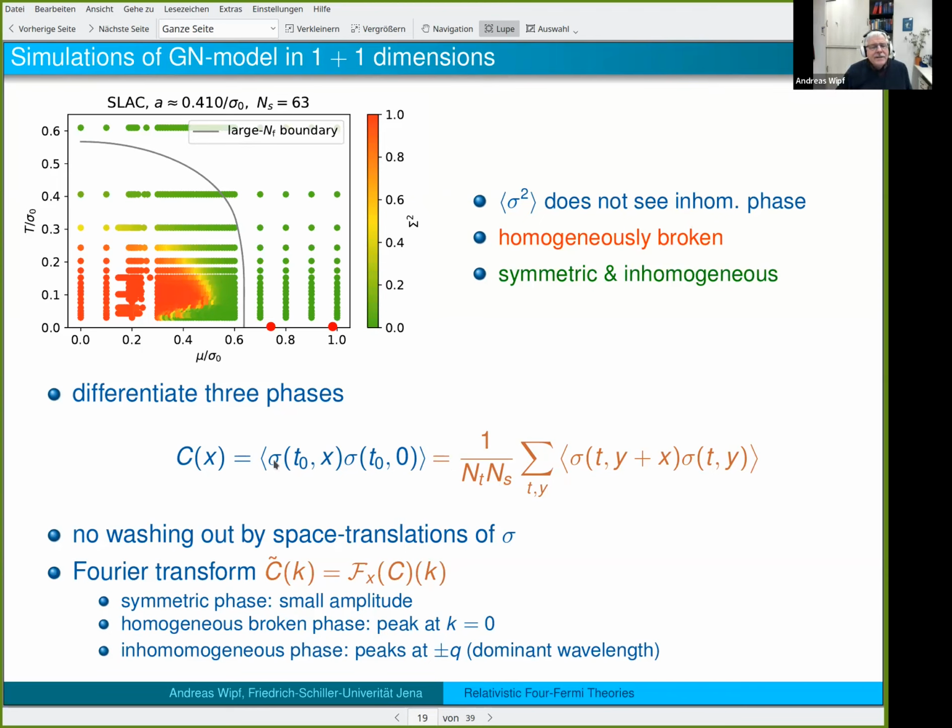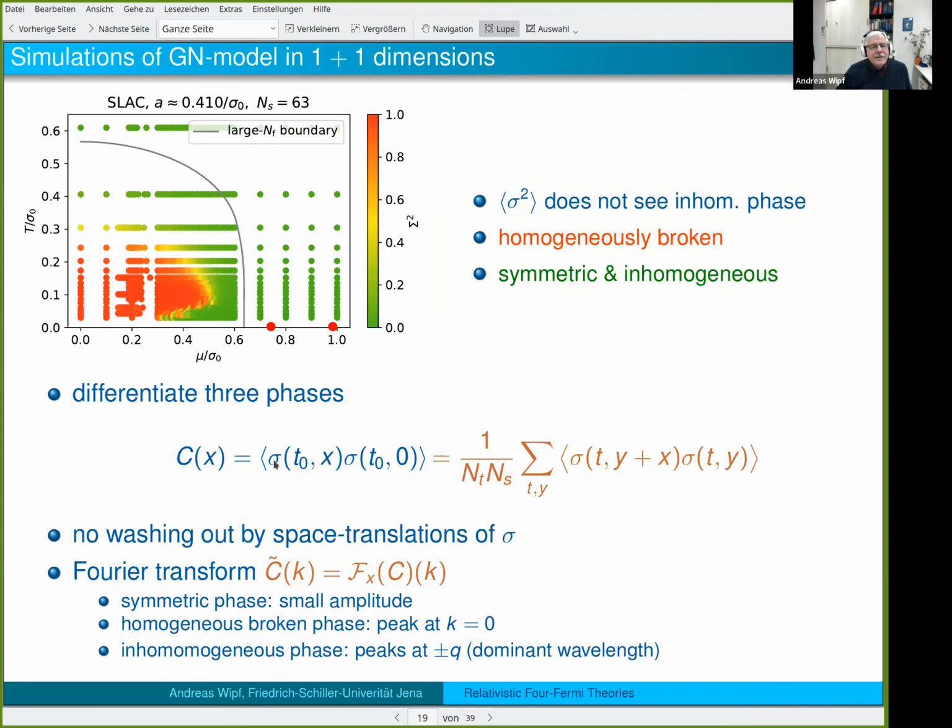So what do we expect? If you have a symmetric phase, then the typical field configuration fluctuates around 0, and this Fourier transform just has a small amplitude for any values of k. Now, if you have a homogeneous broken phase, then sigma is constant. So that means the k equals 0 mode is pronounced, it's enhanced.